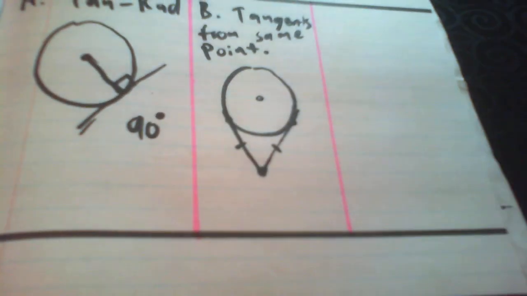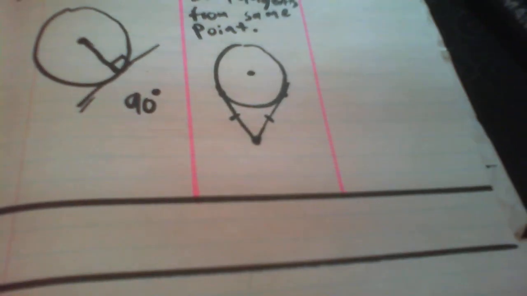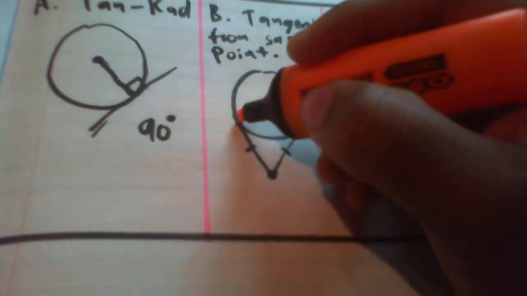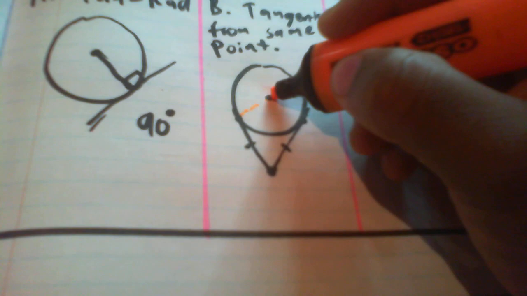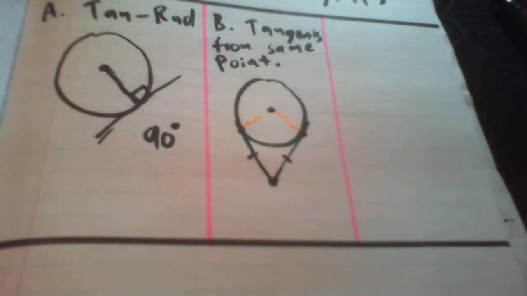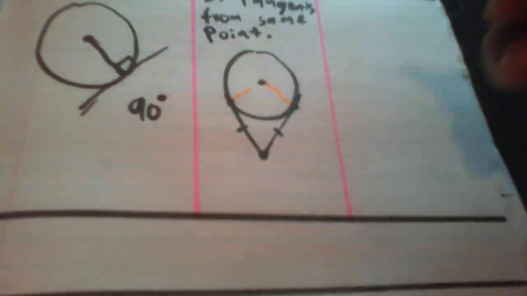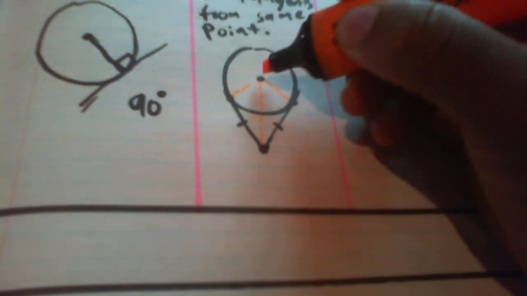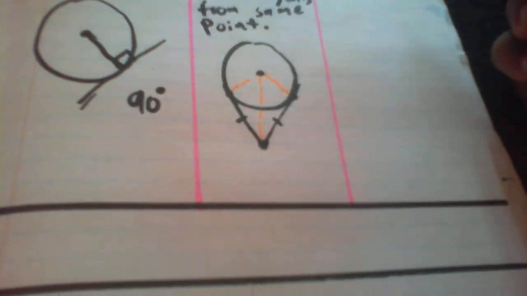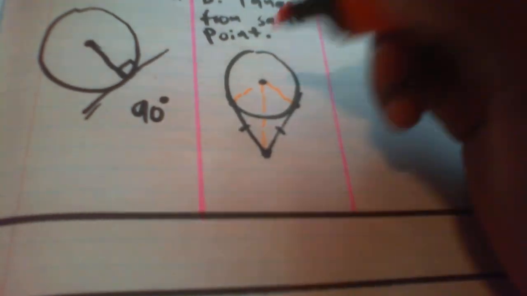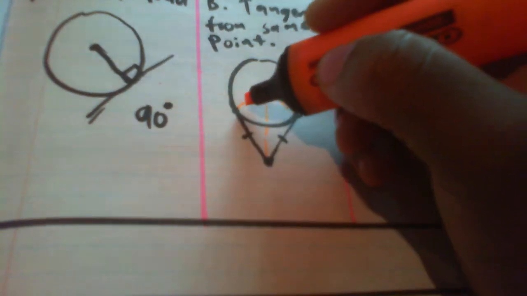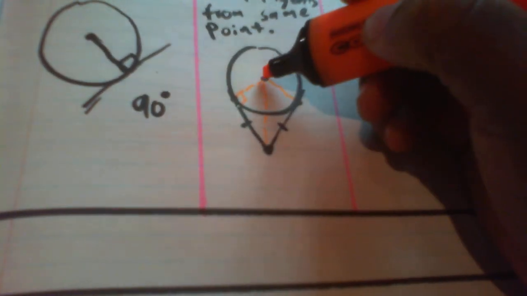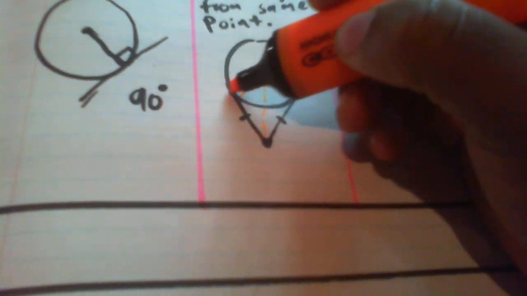So you need to have a center first of all. Then after having your center, you would need to construct a radius and another radius this way. You need to construct that line as well there, from the center to that point that you draw from your tangents. So we already know that this one is 90 degrees because of the tan radius theorem.